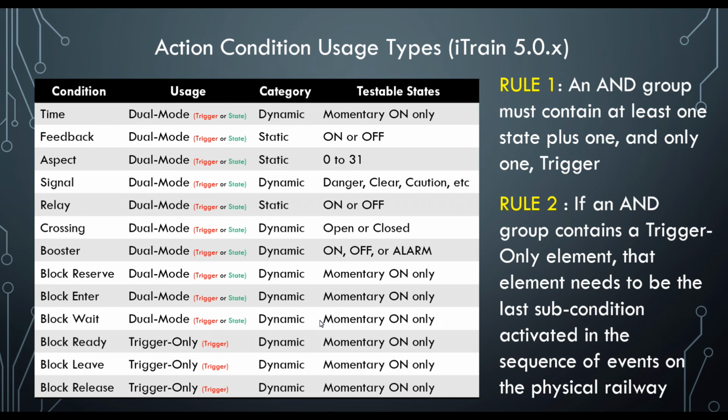For example, they may not be simply on and off type elements, or we may not be able to test all of its possible states, or the operation may vary in some way depending on how it is being used.